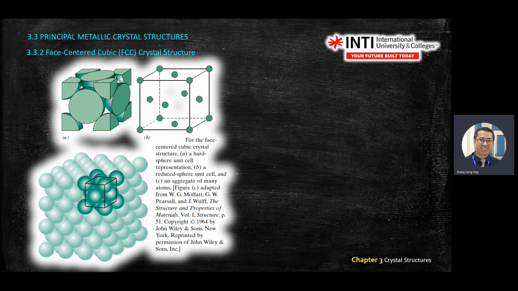Before we go into the calculation, how many atoms are inside this FCC cube? You pack like watermelons or snooker balls. Now what is FCC? FCC has atoms at the center of each of the 6 faces.